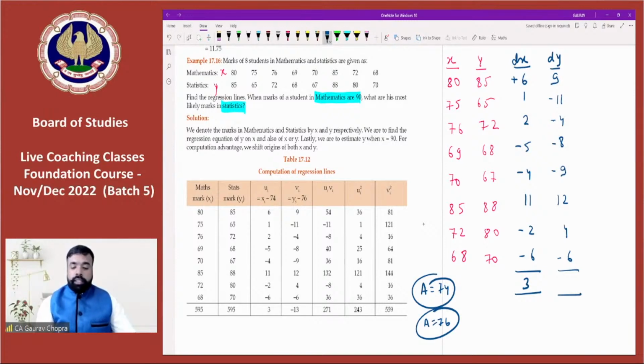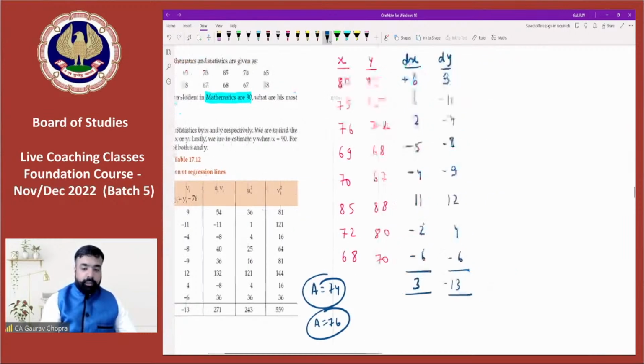Now the total is minus 13. So this is dx dy.